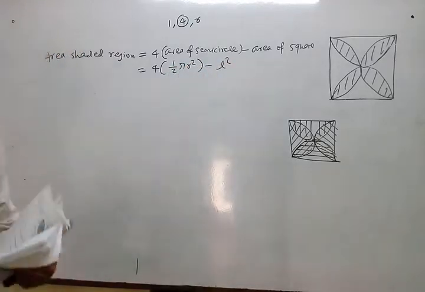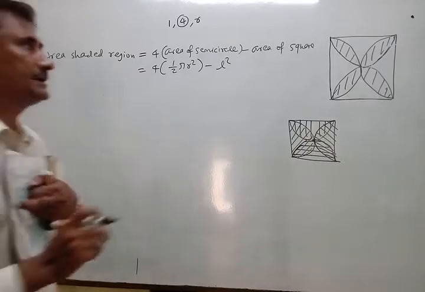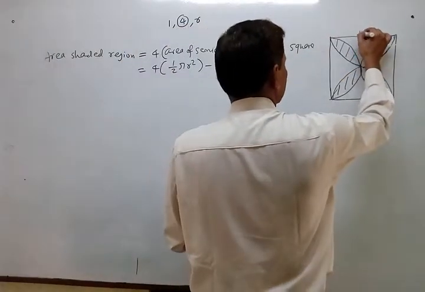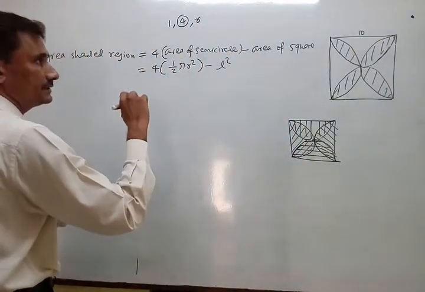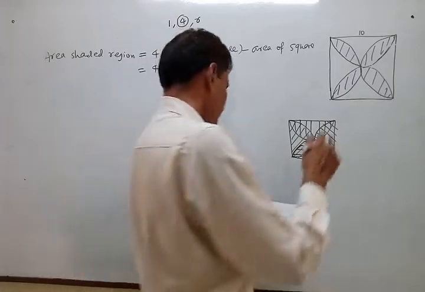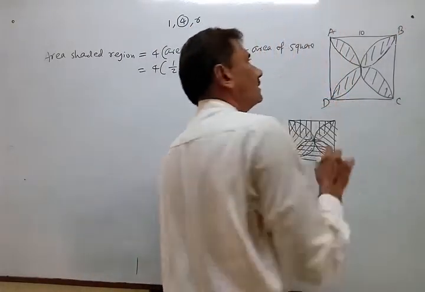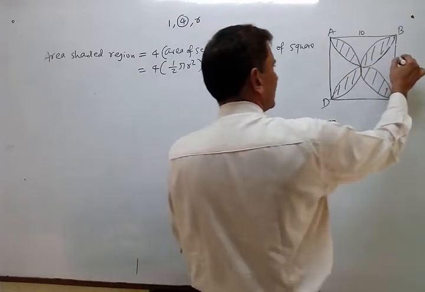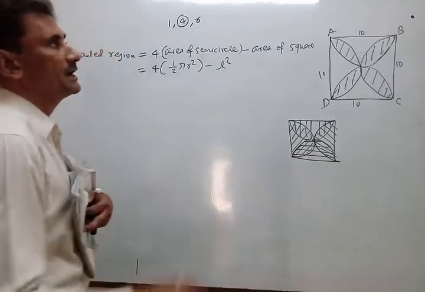Now what is given in this one? Side 10. So side is 10, meaning L equals 10 and R equals 5. Okay, you can write here A, B, C, D. So AB, BC, CD, DA all are 10. Why? Because it is a square. So obviously it will become the diameter also.